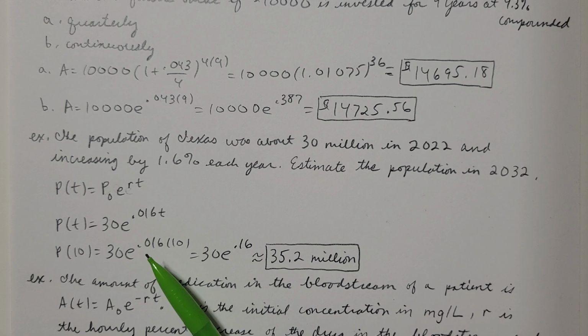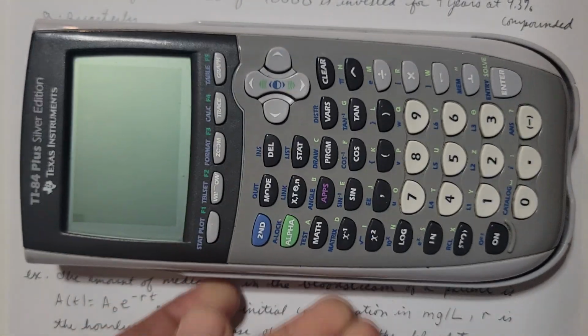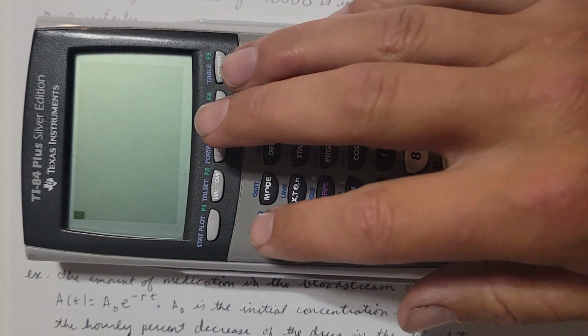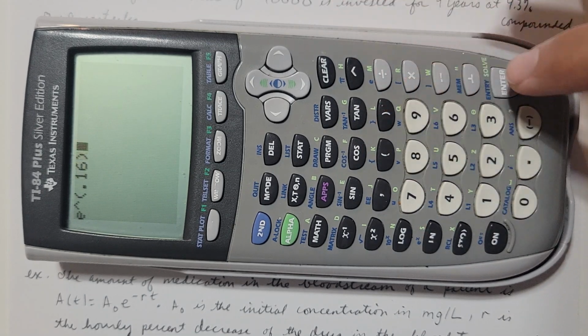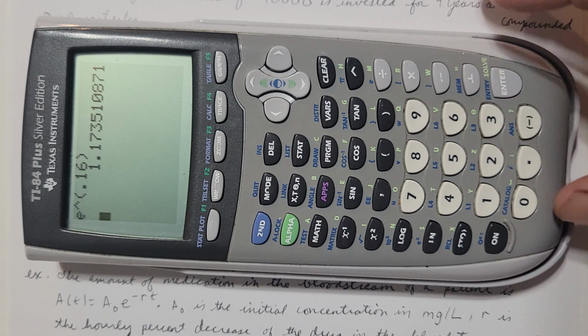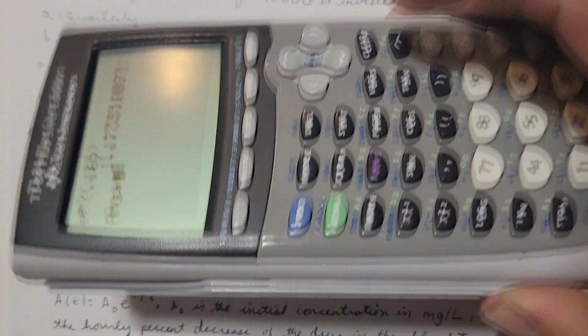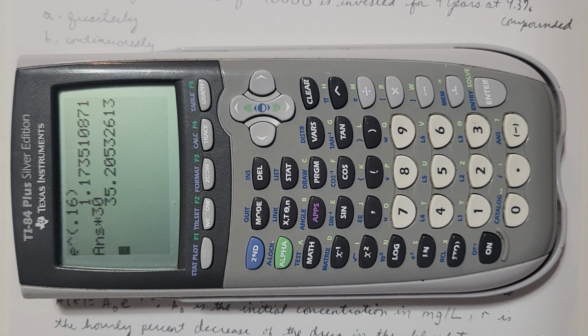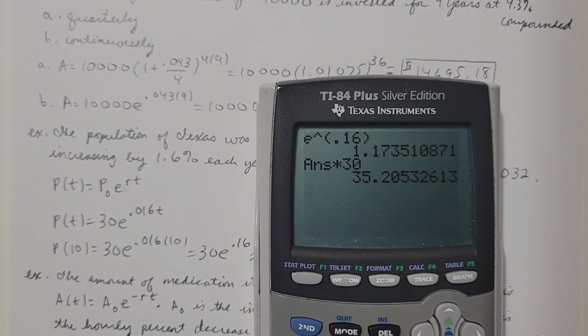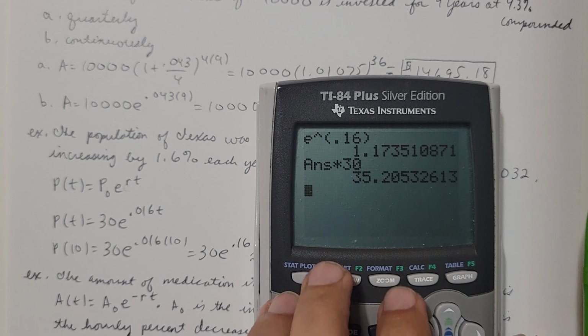All I do is slide the decimal point to the right 1 unit. And 30 times e to the power of 0.16, if I type that into the calculator here, okay, so e to the power 0.16, I get that, and then times 30. And I'm getting 35.2, roughly, okay?